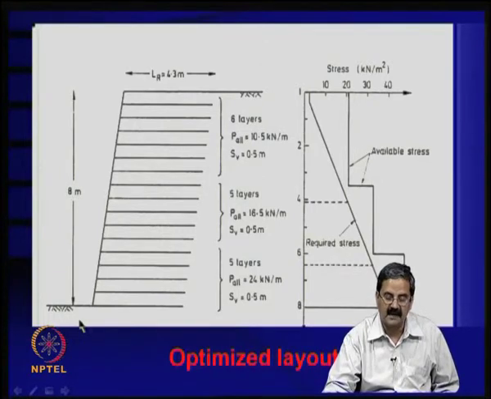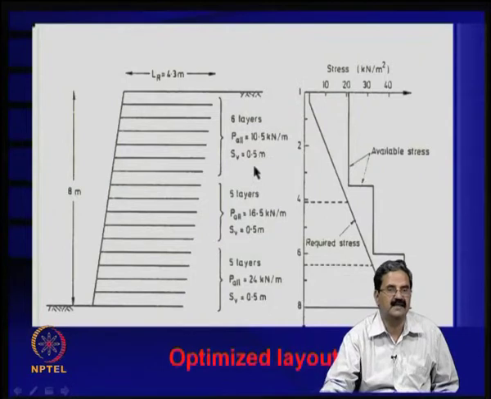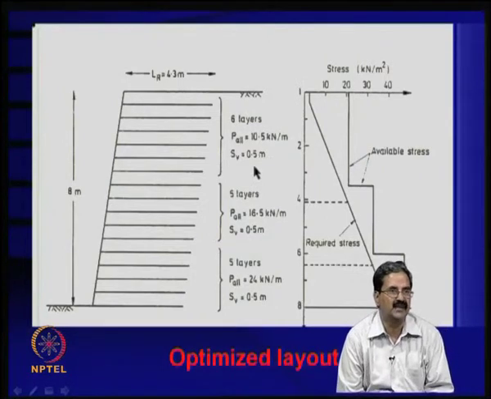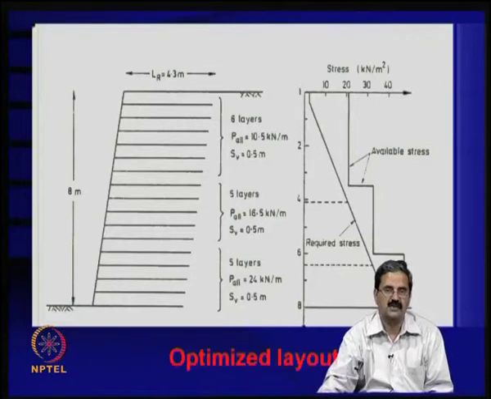8 meters is there, and you also have one more geogrid material in between, so you have 3 materials: one is 24, one is 16.5, one is 10.5, and you try to maintain the spacing. Actually, we do not meddle with spacing too much unless it is required or very useful, because sometimes it is much better from a construction point of view, particularly in small slopes.